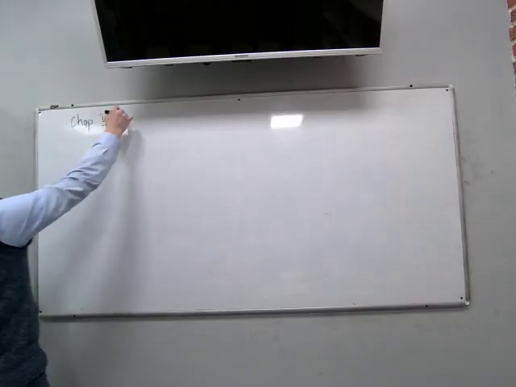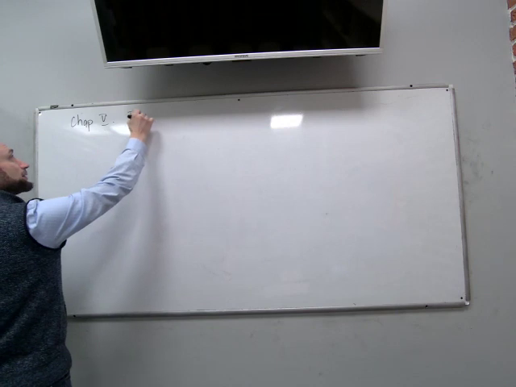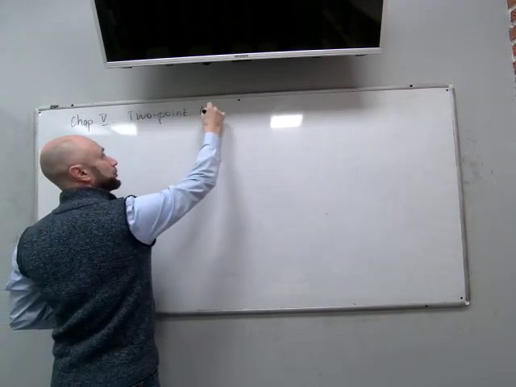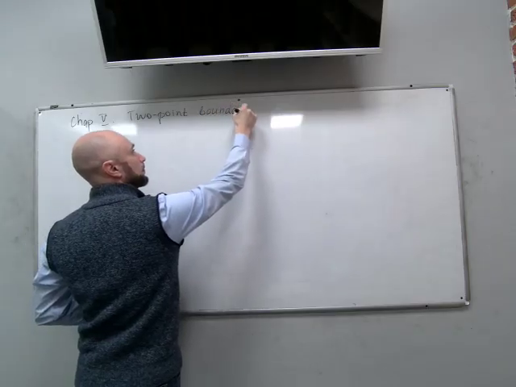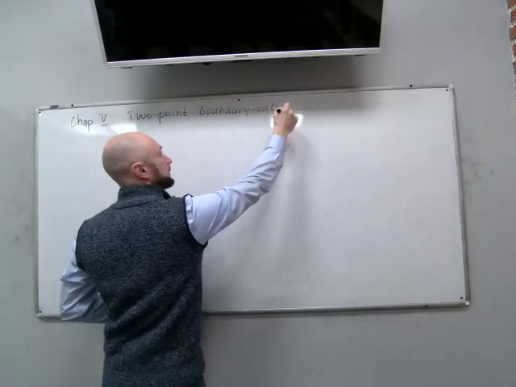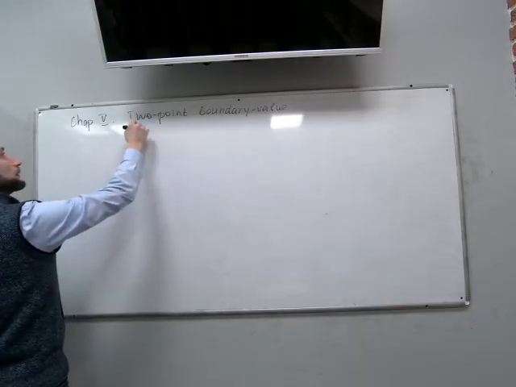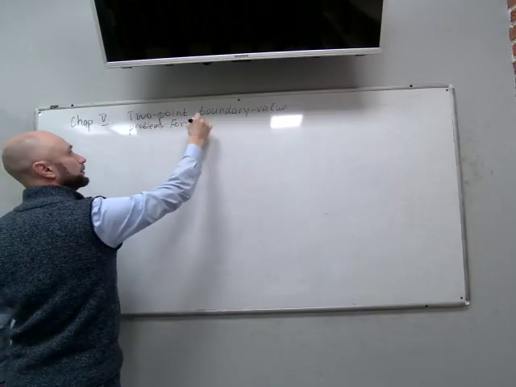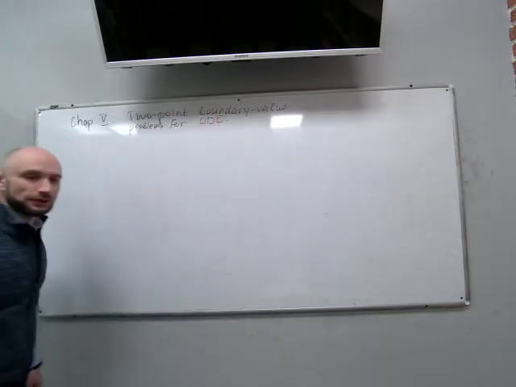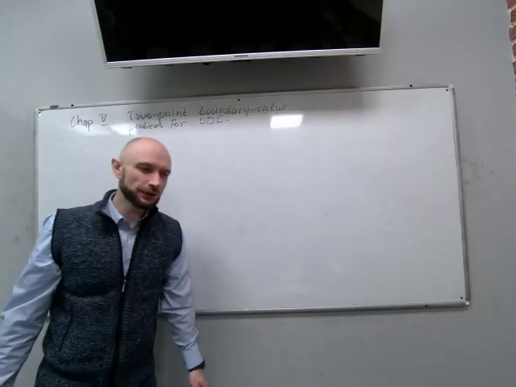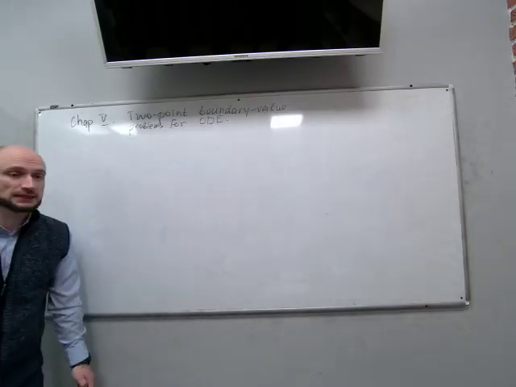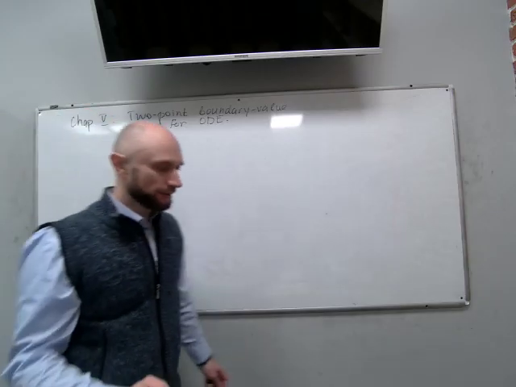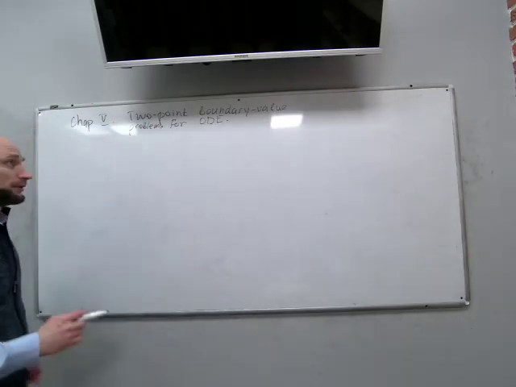Chapter 5, 2-point boundary value problems for the ordinary differential equations. So we are still dealing with the ordinary differential equations, but we are starting to talk about the boundary value problem instead of the initial value problem that we dealt with before.